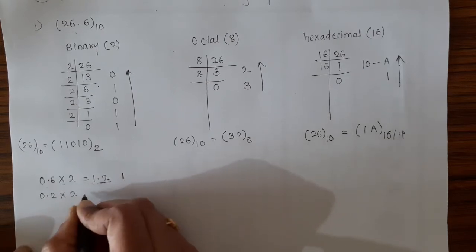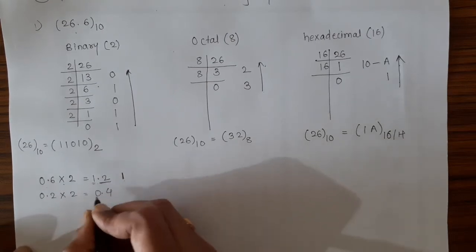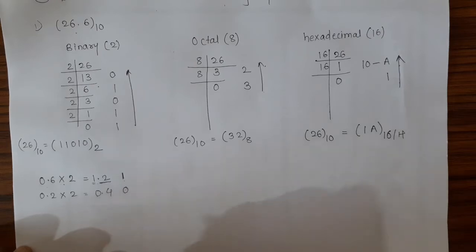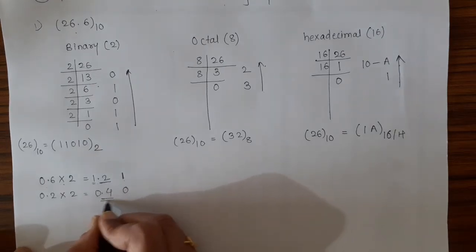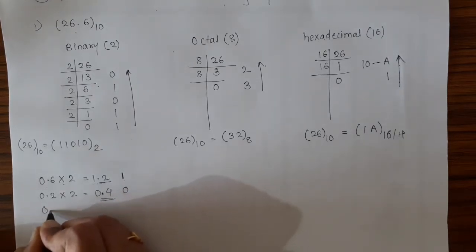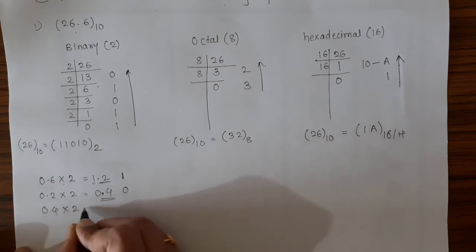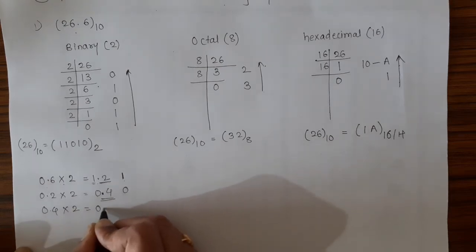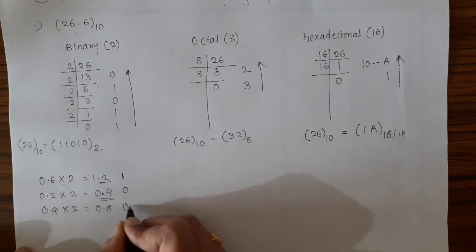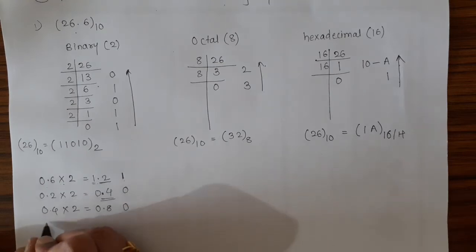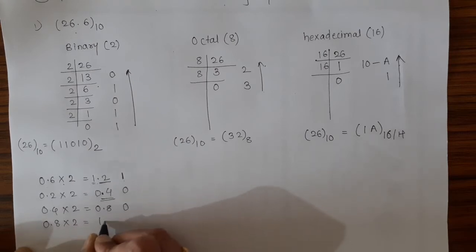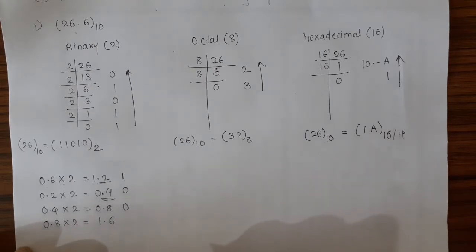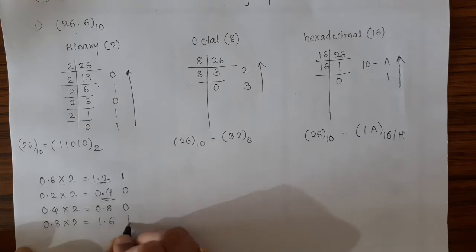0.2 into 2 is equal to 0.4, which gives us integer 0, and 0.4 will be used for further multiplication. 0.4 into 2 is equal to 0.8. 0 is recorded separately, whereas 0.8 is used for further multiplication, giving us 1.6. 1 is recorded here.